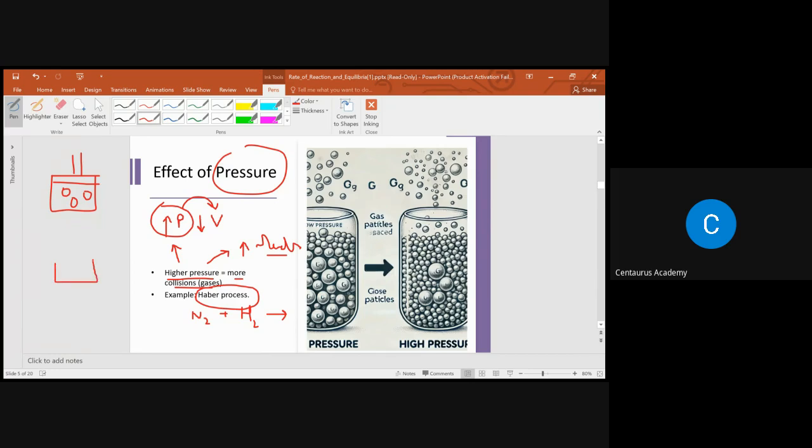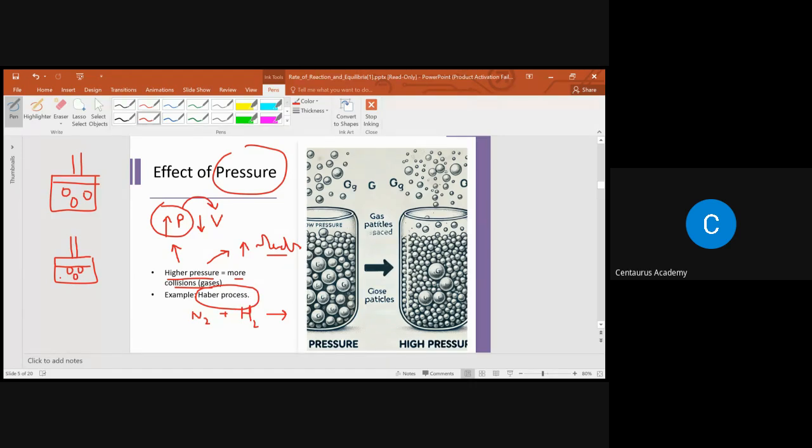When you push this plunger inside, you are decreasing the volume, thereby allowing these gaseous particles to come closer together. They have less space to move around, which means they collide with each other more frequently.